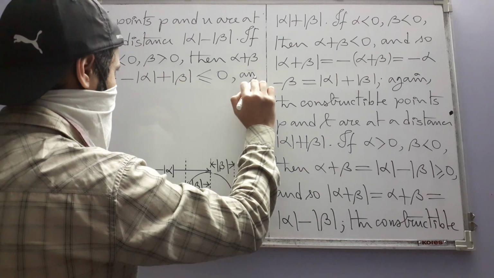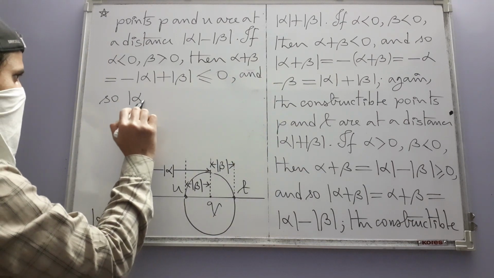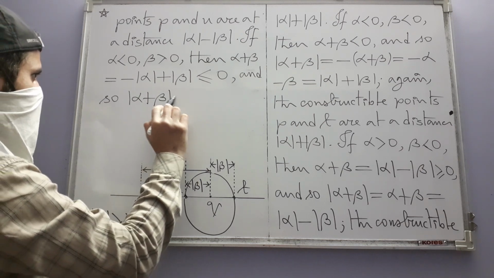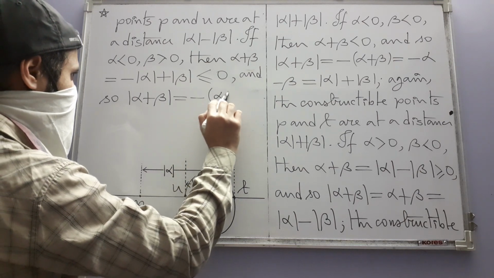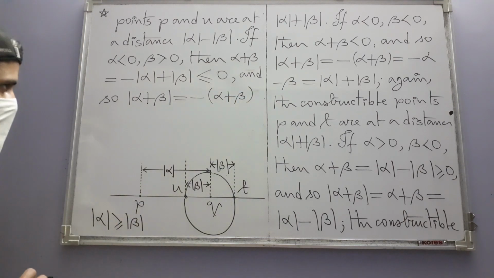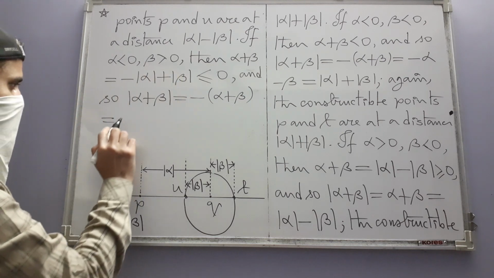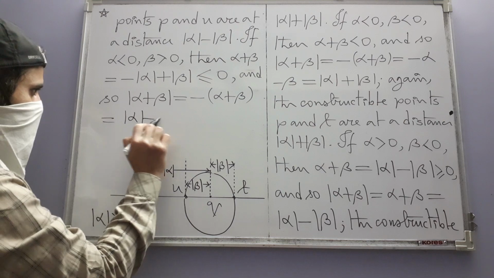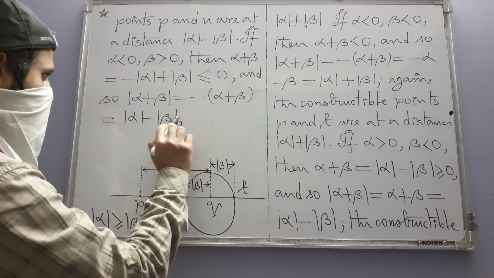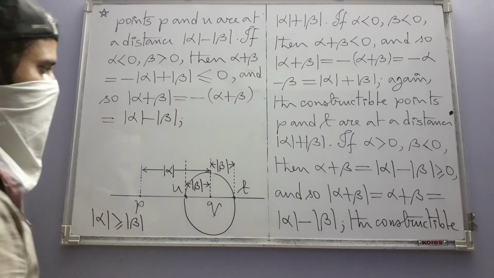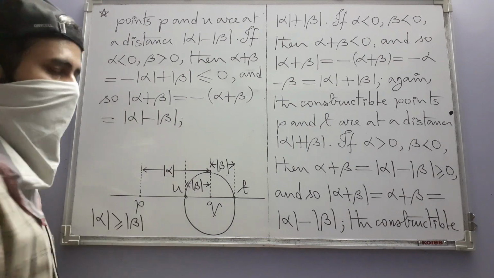And so this is minus of alpha plus beta, which will be minus of this, that means this. Okay. So again we need two such constructible points such that their distance is this.